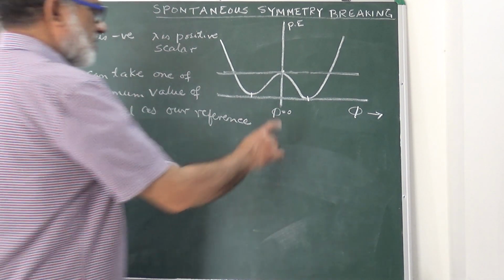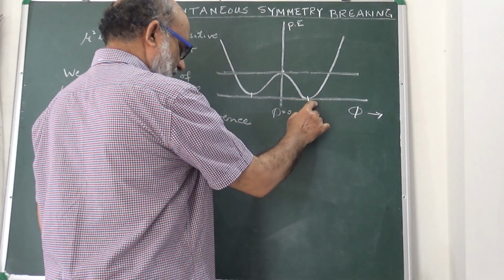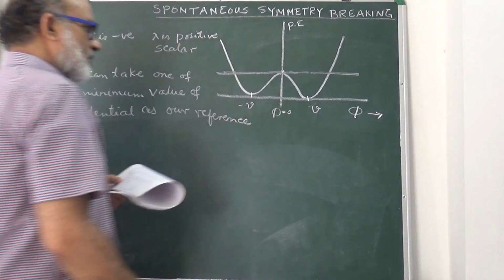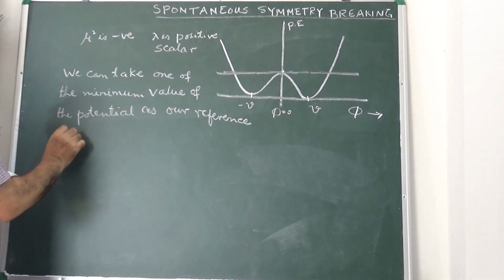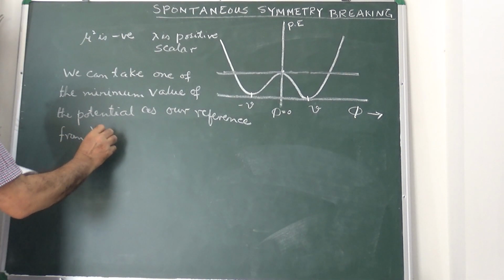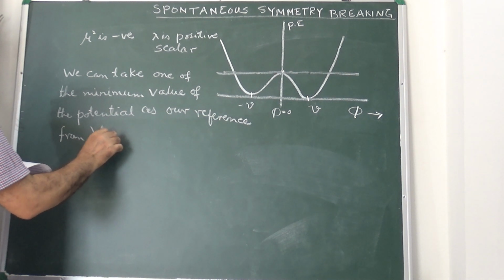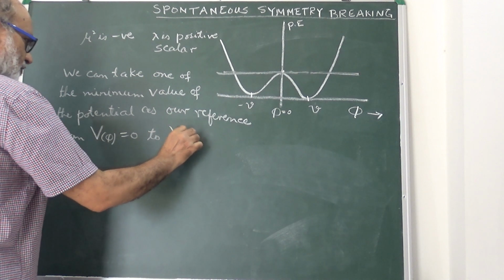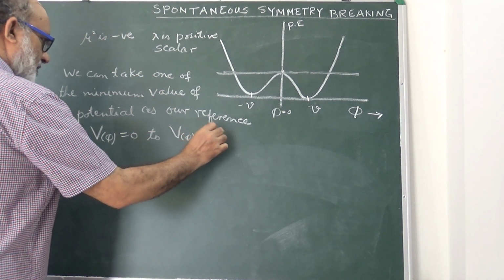From here to here, this is the value of V, from V as a function of phi at 0 to the potential V of phi at v.